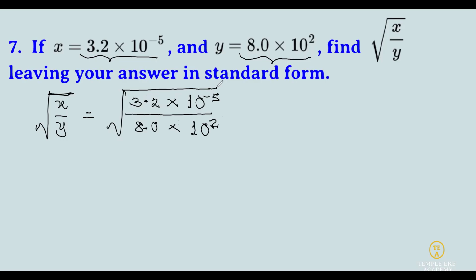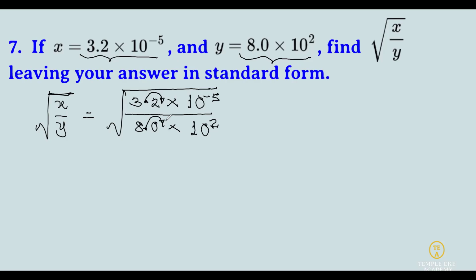Now we can see a relationship already. If you ignore the decimal point here, this is 32, and this is 8. 8 can divide into 32. So we can use a technique here and make a single movement of the decimal point forward. Yes, one shift in the numerator and one shift in the denominator.